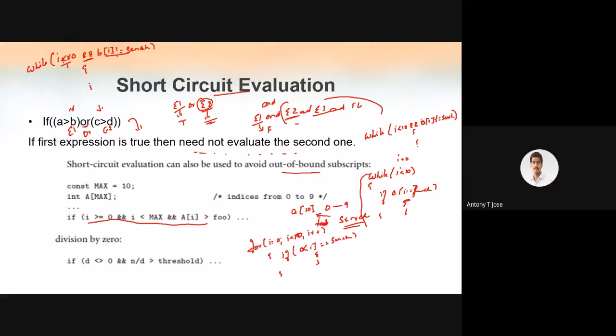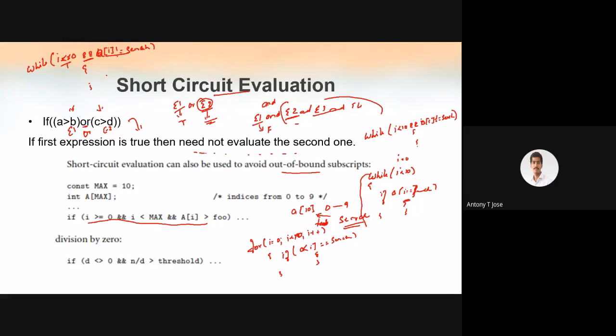For I of 2, 3, 4, 5, 6, 7, 8, 9, the body will be executed. And for I equal to 10. Sorry, the name of the array is A.